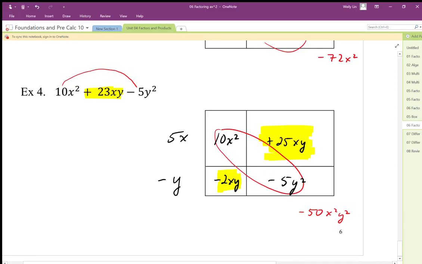So that's along our vertical. It's going to be 5x minus y. When we go along the vertical here, we have a common 2 and a common x, but no common y. Here we have a common 5, no x, and we have a common y. Okay, so there it is. There's our factor.